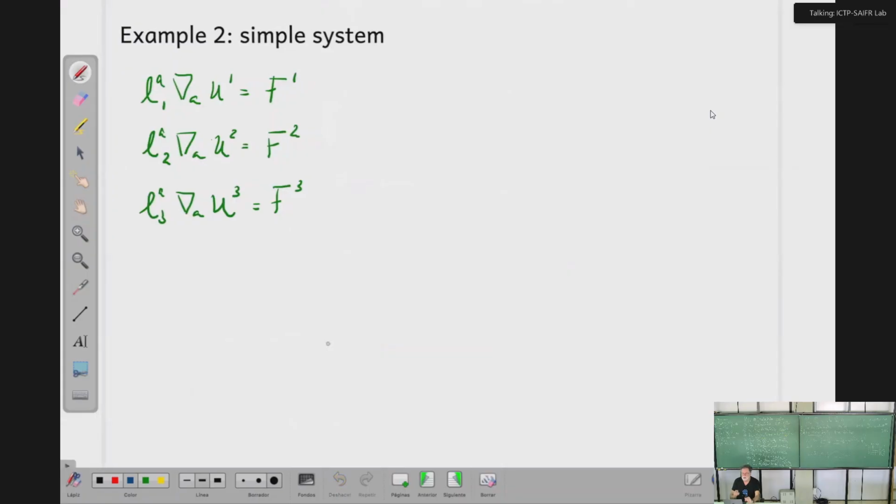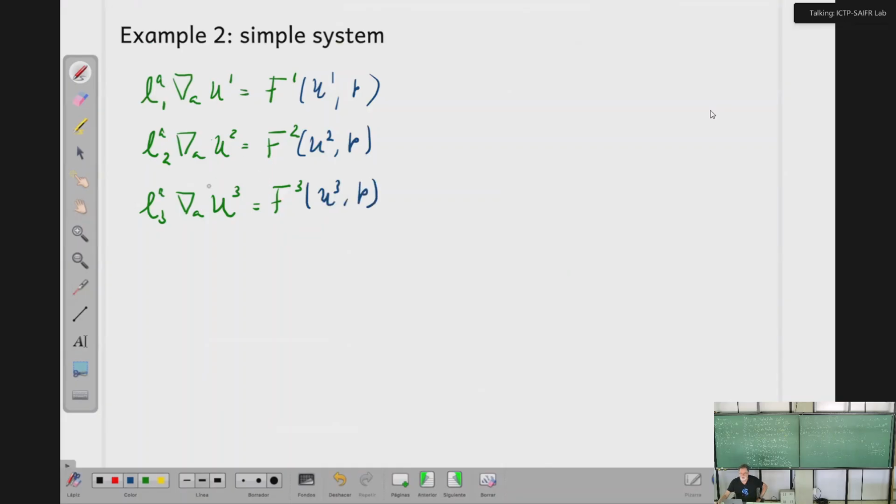So the next example is also the same kind, but repeated 3 times. And this F, let's for the moment think of F that depends only on the position, not on U. Or at most they depend, say, on U1 and the points, U2 and the points, and U3 and the points.